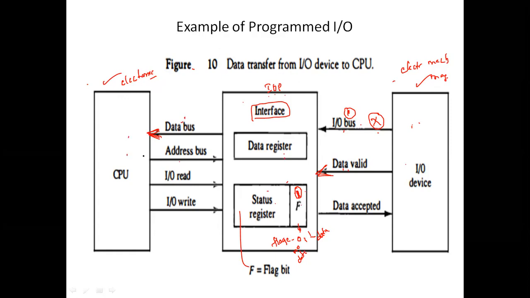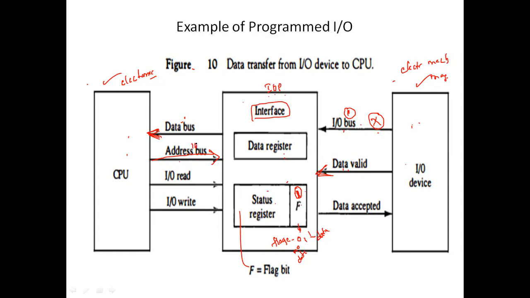The CPU is going to send the address of this particular IO device. So what is the address? It is where the memory has been located. That address is sent from the CPU to the IO device, along with a read or write signal.